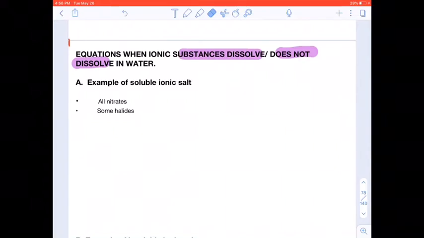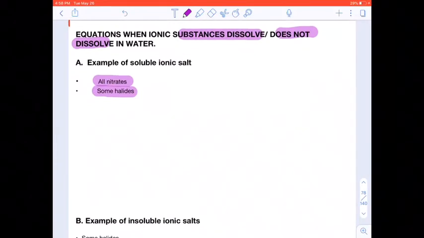For example, all nitrates are soluble, and some halides are soluble. I showed you that when we looked at the periodic table. So let's look at a nitrate that is soluble.